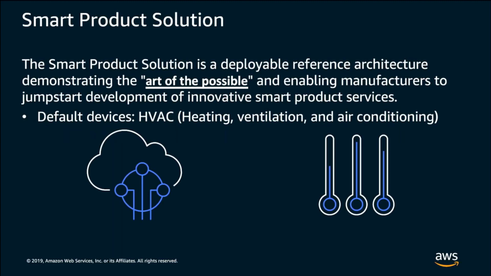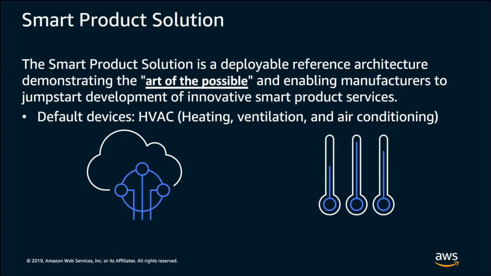So, what is the Smart Product Solution? The Smart Product Solution is a deployable reference architecture which is demonstrating the art of the possible and enabling manufacturers to jumpstart development of innovative smart product services.